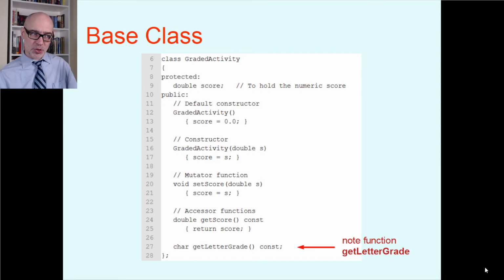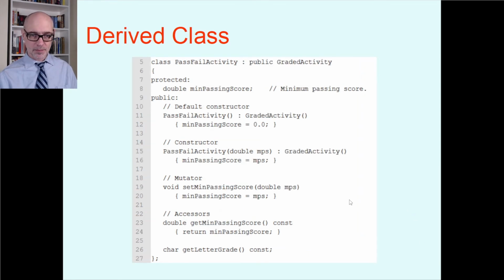Now we're going to look at a child class. Here, we're deriving a new class based on that. It's called PassFailActivity. Sometimes in the past, in some of my courses, I have had quizzes or very short in-class assignments that I just grade on pass-fail, P or F. Now, we're going to derive that from the GradedActivity class.